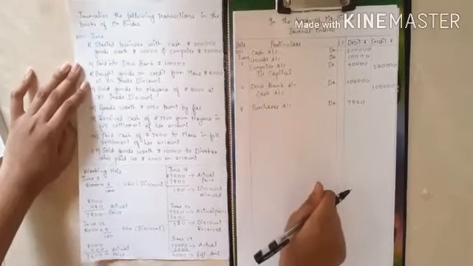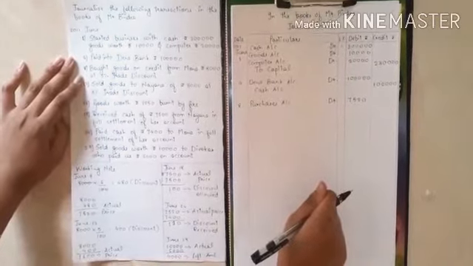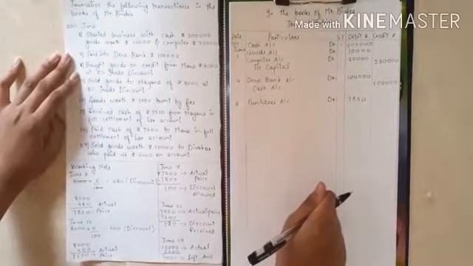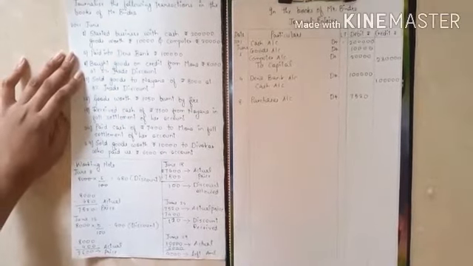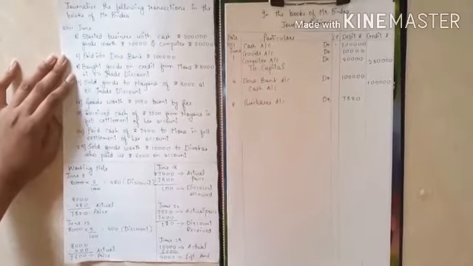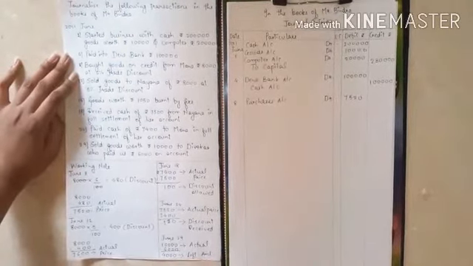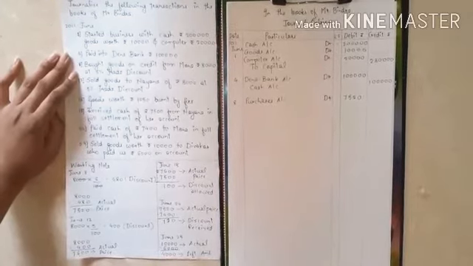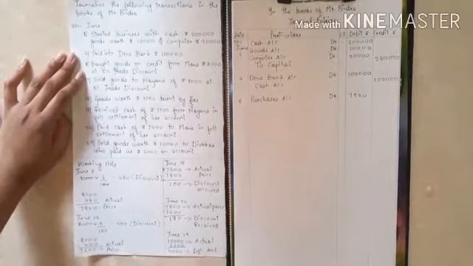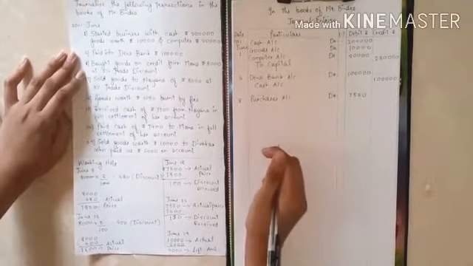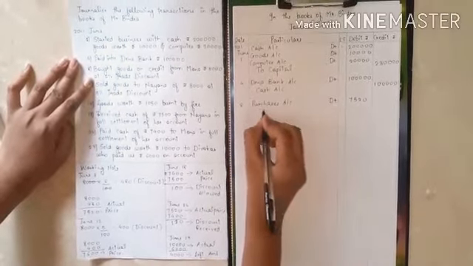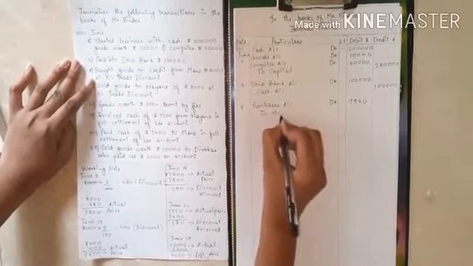Now here goods are bought on credit from Mona. Who has given the credit? Miss Mona has given the credit, so her name will appear over here. Previously also we have studied that when any transaction is made on credit, the name of the person who has allowed credit will appear in the entry. So here Mona has given the credit to us, that is to Mr. Bindra. So to Mona account.